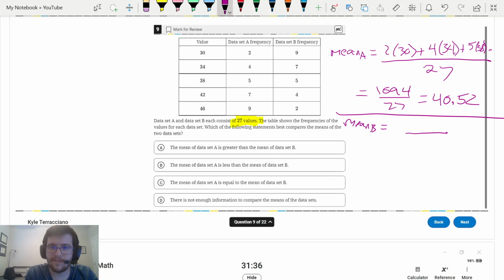And we would do 9 times 30 plus 7 times 34 plus 5 times 38, etc., etc., etc. And we would get 27.